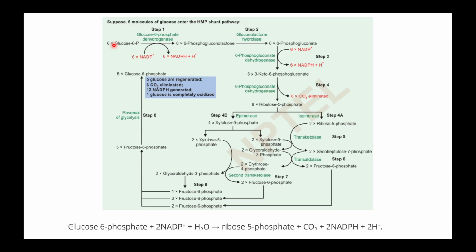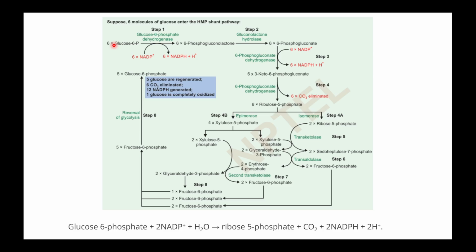Okay, so if we have 6 glucose 6 phosphate, we will get 6 NADPH and 6 molecules of 6 phosphogluconolactone. This 6 phosphogluconolactone will get converted into 6 phosphogluconic acid by the enzyme gluconolactone hydrolase.